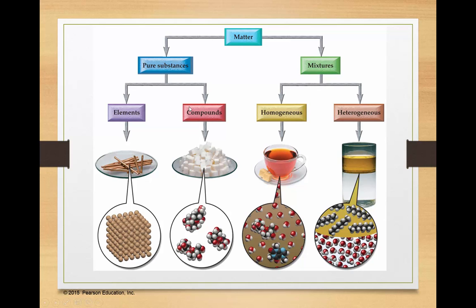You can also have a pure substance that is made up of only one type of compound. A compound is going to be made of two or more elements that are put together in fixed, definite proportions and are held together by chemical bonds. Those molecules are repeated over and over within the compound to make up a substance. The example shown here is sucrose, or table sugar.